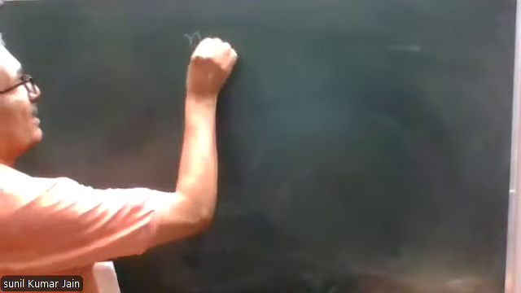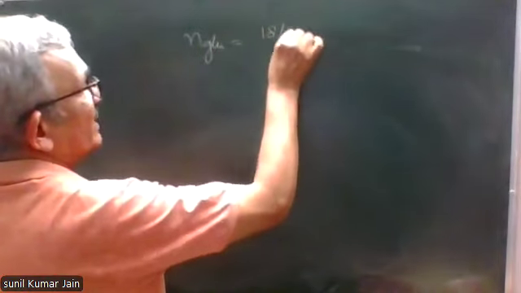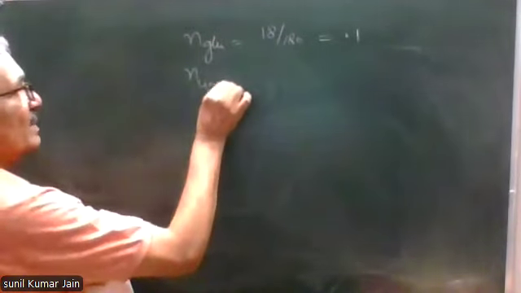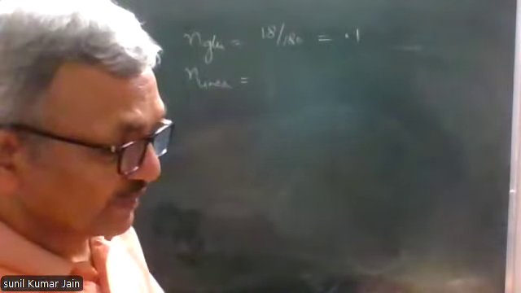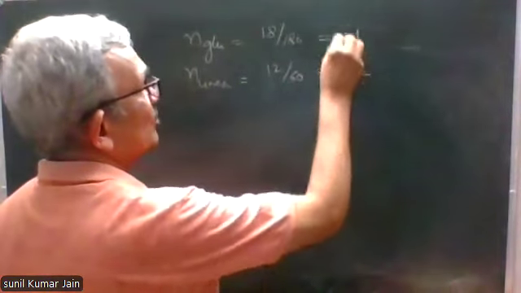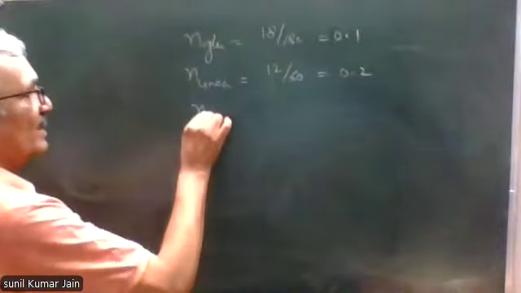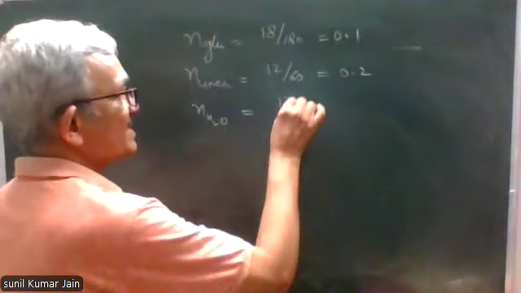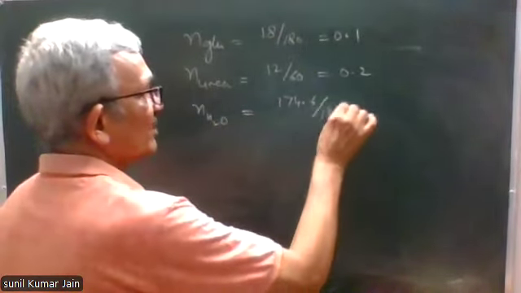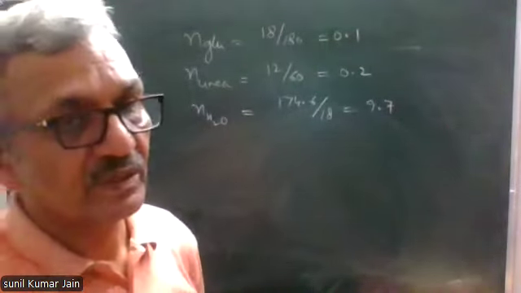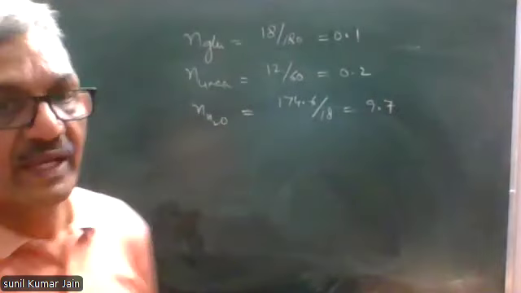So first of all, number of moles of glucose, this is 18 grams, 18 divided by 180, 0.1 mole. Number of moles of urea, it is 12 grams, so 12 divided by 60, 0.2 mole. Number of moles of water, 174.6 divided by molecular weight, it will come out to 9.7 moles of water.